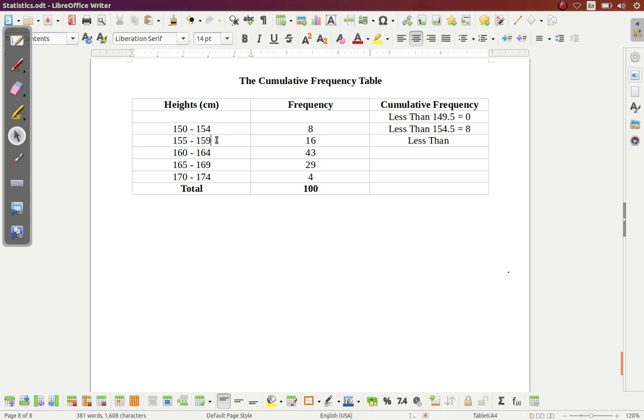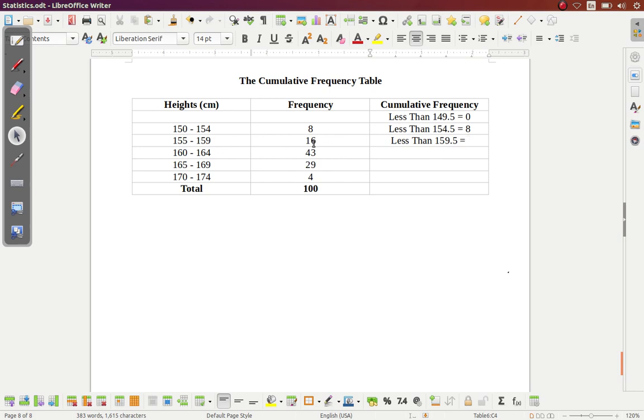So if somebody measured 159.49, you would say their height is 159. Less than 159.5 in height. How many do you have?